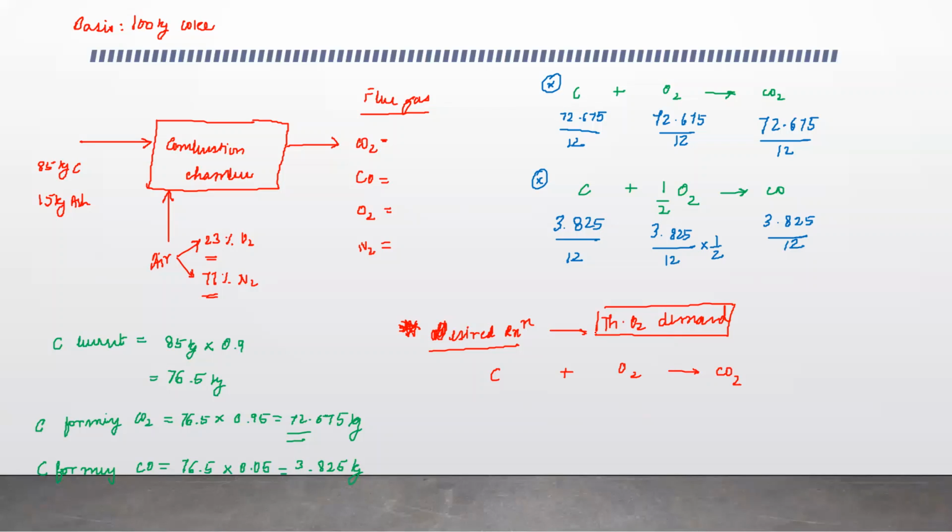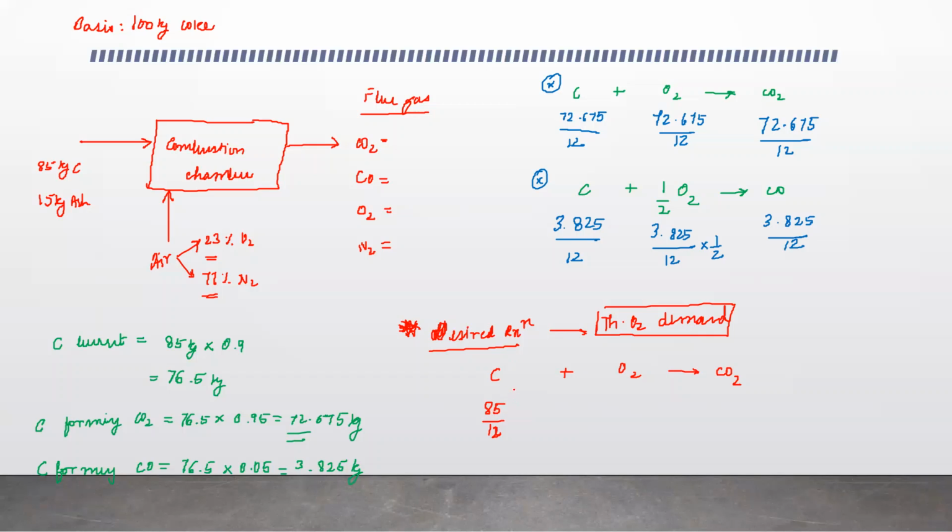In the desired reaction, we want all the carbon, that's 85 kg of carbon, to burn to form carbon dioxide. That means 85 by 12 kilomoles of carbon should react. Right. So what is the theoretical oxygen demand for 85 by 12 kilomoles of carbon?